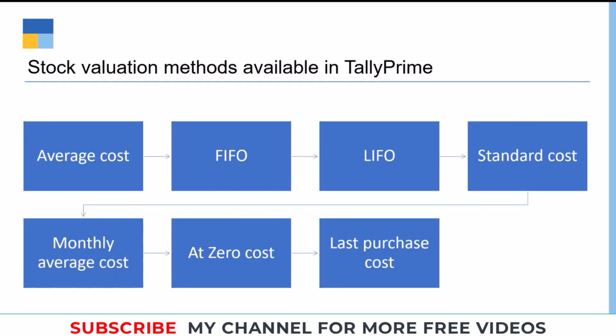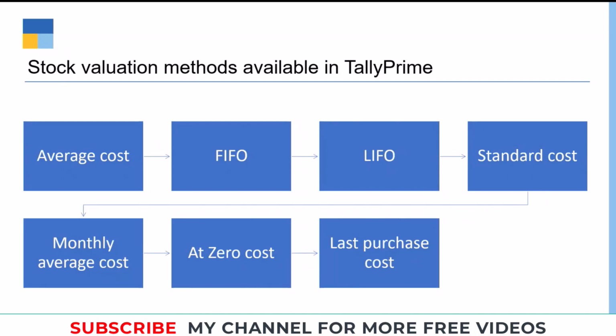By default, whenever you create a company, the average cost will be configured. This average cost is nothing but the weighted average cost method. Most businesses think this is the simple average method, but that is not true. The weighted average cost method, which is most widely used in most industries in the world, is the average cost method that we have given in Tally.